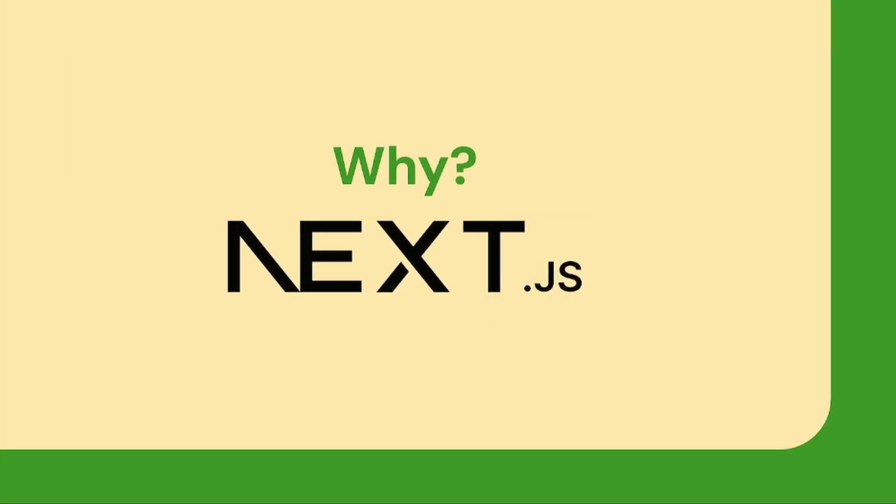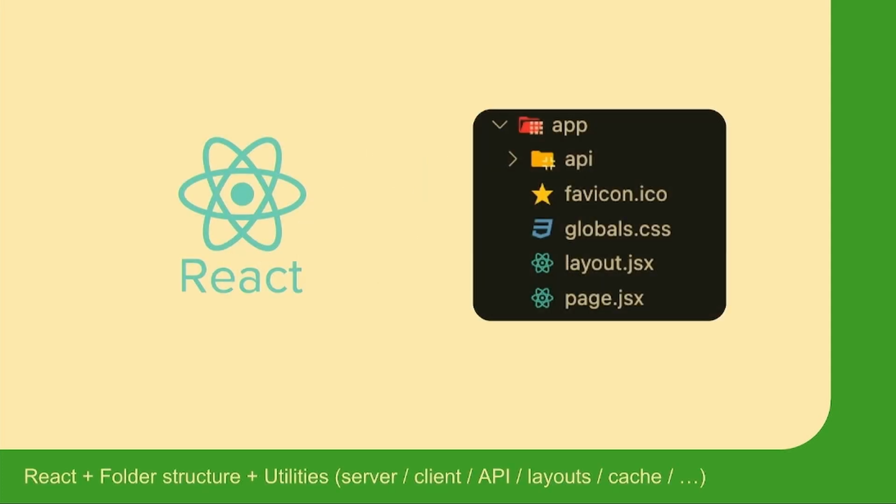So why did we arrive at Next.js? Well, first, it's a very well-taught framework because it's React-based, so it's the most popular web library right now. Many libraries extend React, and it's very easy to use.